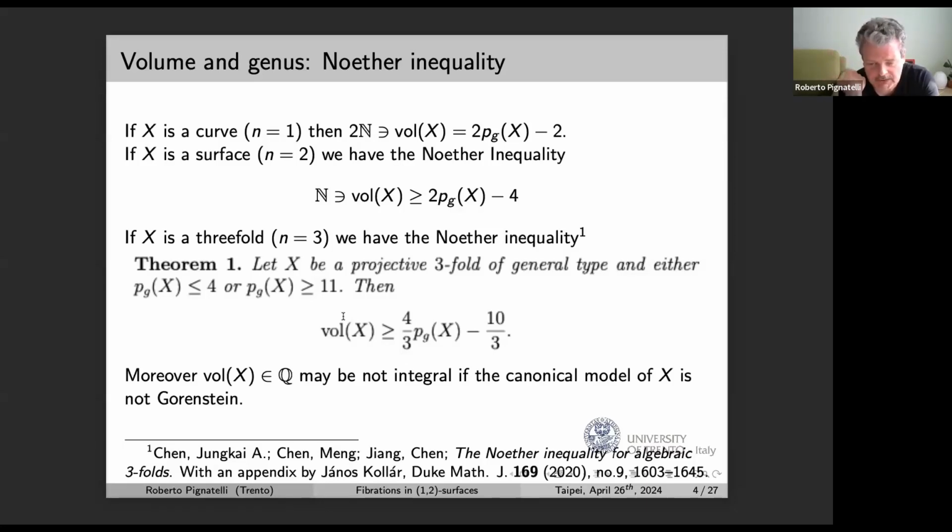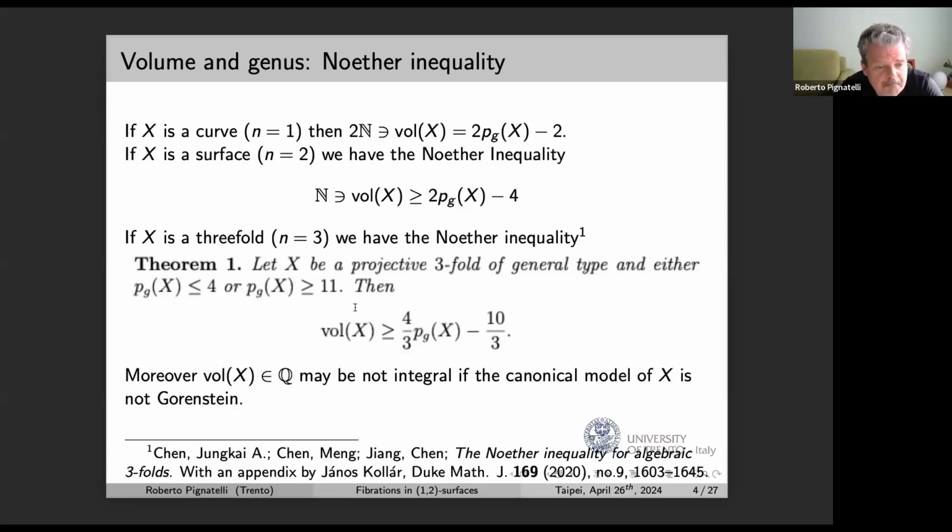But in dimension 3, that's no longer true, and the volume may not be integral, although on this line it will be, but we're going to discuss it better later. But it's important that at the end of the talk, things with non-integral volume will appear.